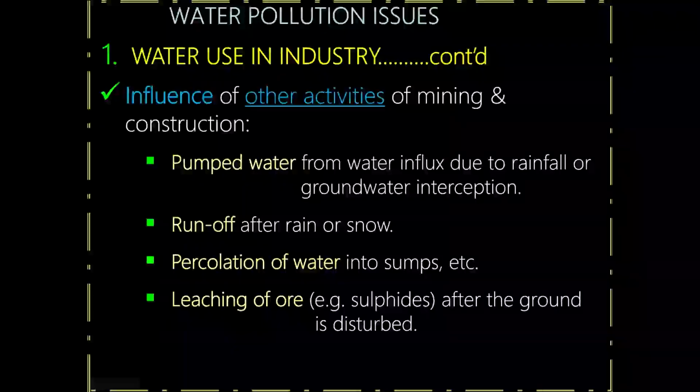Another way is percolation of water into stumps. Percolation is when water seeps through porous materials. Some of the rocks themselves are already porous. There are cracks and features in them, and there is water. In the lecture that I sent, I mentioned that another natural source of heat is heat coming from feature waters.